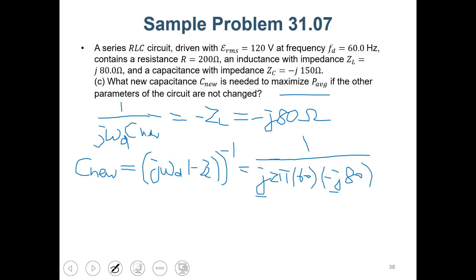J times minus j will be 1, and then finally we will get C_new as 33.2 millifarad. In this case, the overall impedance of this RLC circuit will be a real number, so it will have the maximized P average.